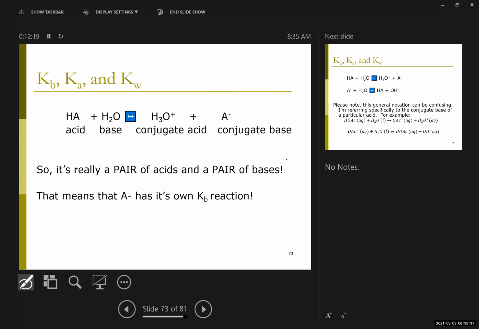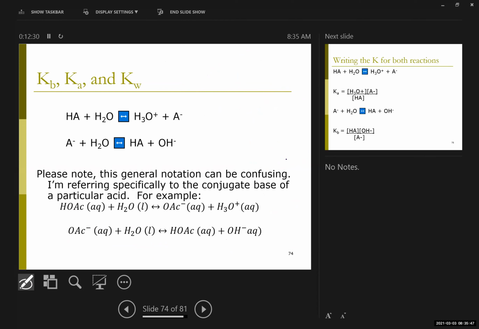Because technically Kw is the relationship between the two, because I always have both if I react it with water. And so, again, I show you the derivation, I don't hold you responsible for it. Here is the Ka of some acid.